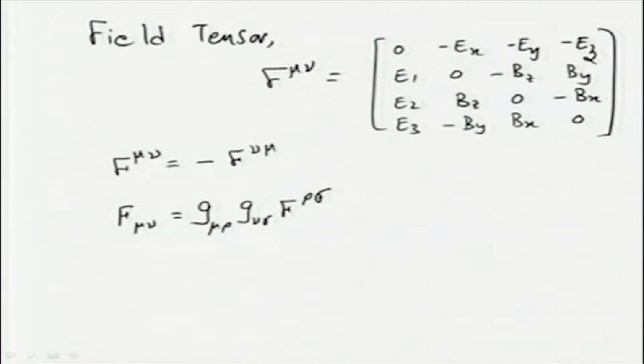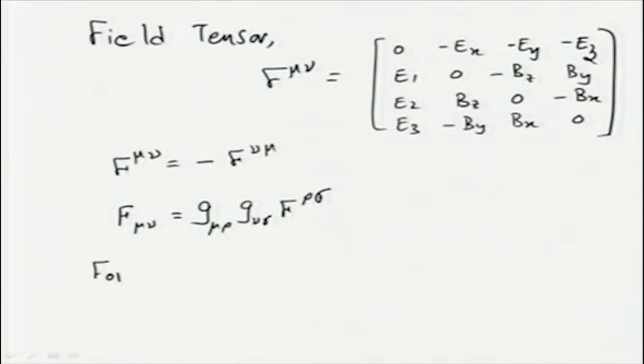This is very similar to the raising and lowering of indices of vectors, covariant to contravariant and contravariant to covariant. But let us see what the components of the lower F are. The diagonal elements are all zeros, since it is still antisymmetric with respect to the interchange of these two indices.